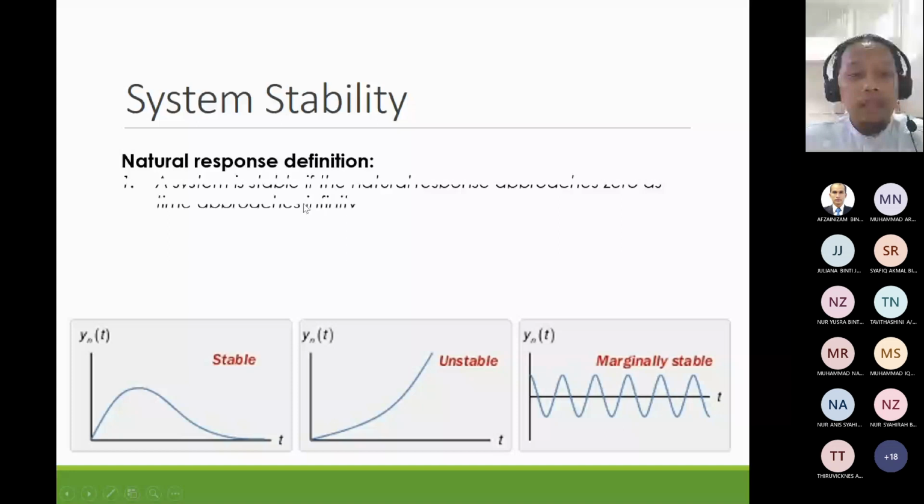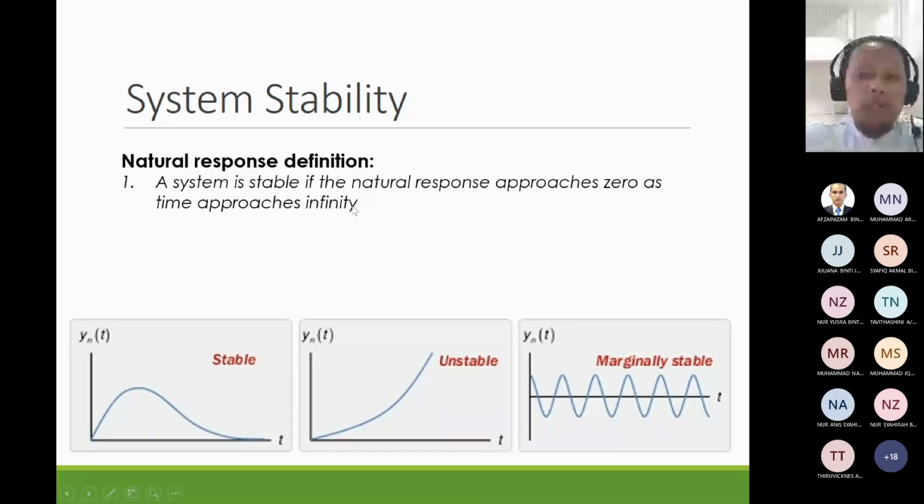For a natural response, a system is stable if the natural response approaches zero as the time approaches infinity. If you look at the first figure here, the graph increased at first, and then as the time increases and approaches infinity, the response approaches zero.